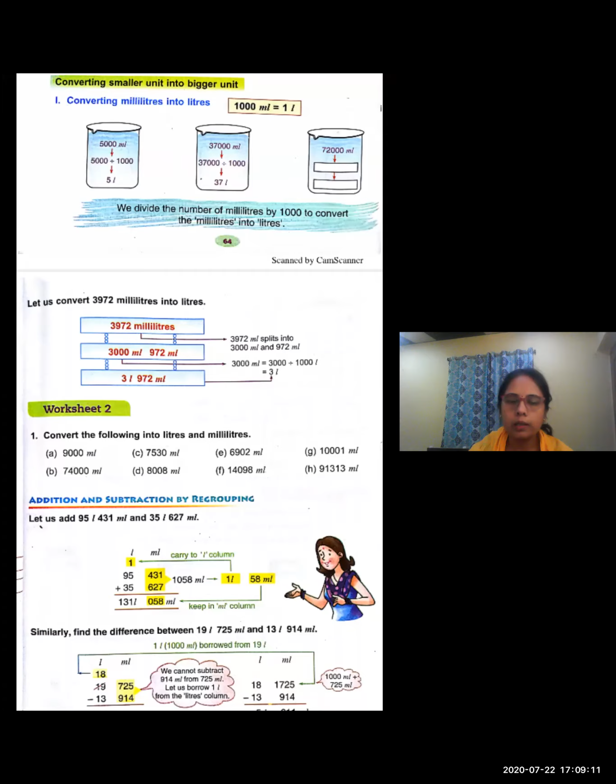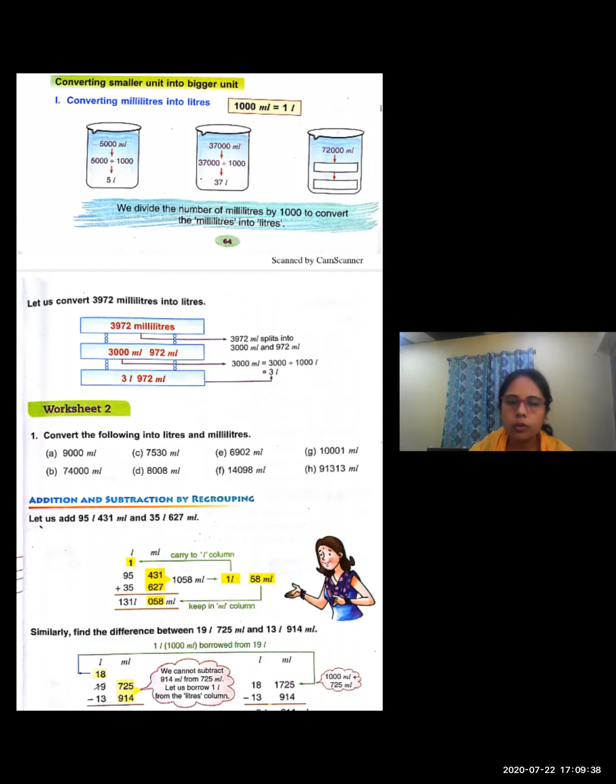Here we see that 3972 when divided by 1000 we get here 3 liters as quotient and 972 milliliter as remainder. So we get here 3 liter and 972 milliliters.